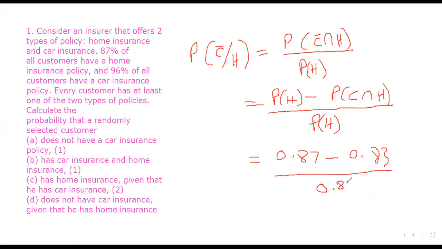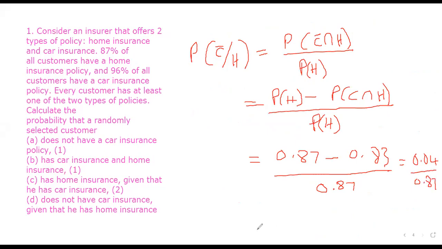So what are you getting? 0.87 minus 0.83 will be 0.04.